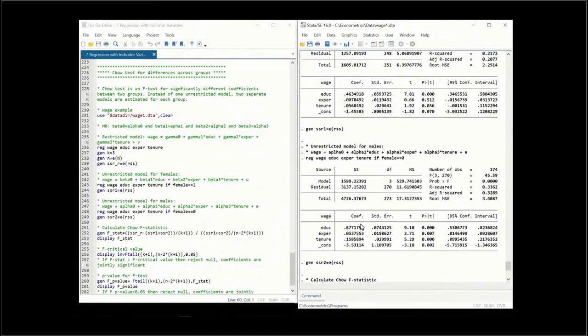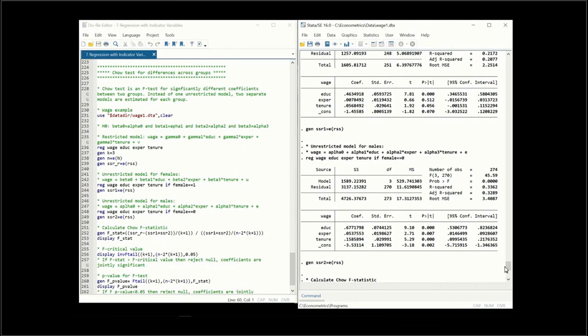We would be comparing this coefficient to this one, and this coefficient to this one, and this coefficient to this one, and this coefficient to this one. So we want to see if these coefficients are jointly significantly different from each other. This is what the Chow test is doing.